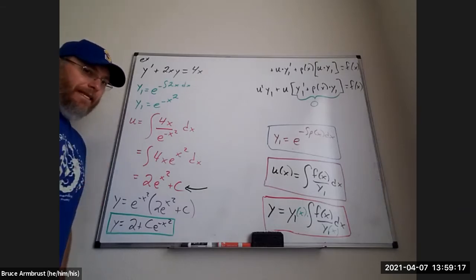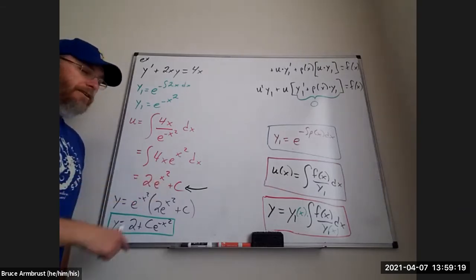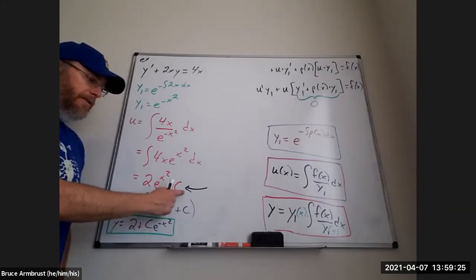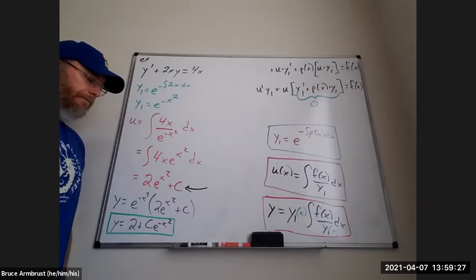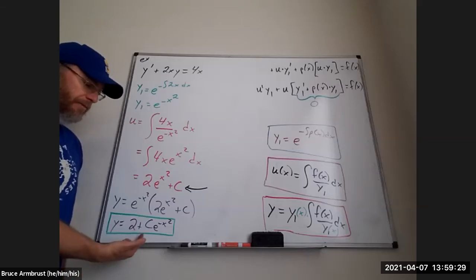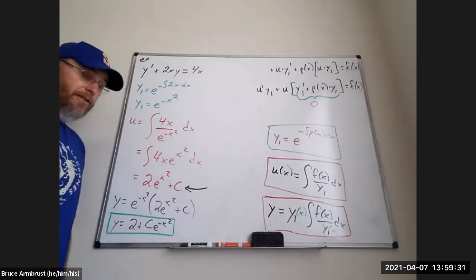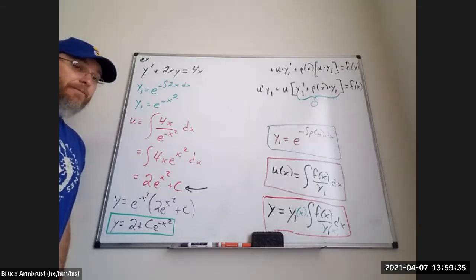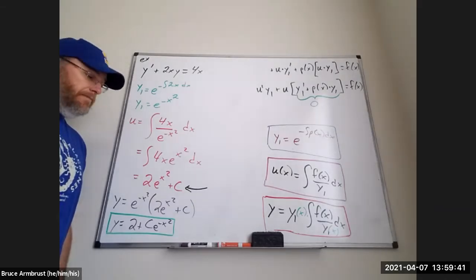I picked my own C. When we find the integrating factor, we're not finding a solution, we're finding all the solutions, which means that's where our plus C is going to come in. And we do need to have some sort of a C in our solution unless we have an initial value problem, because there's going to be more than one possible answer. There's going to be a whole class of them.